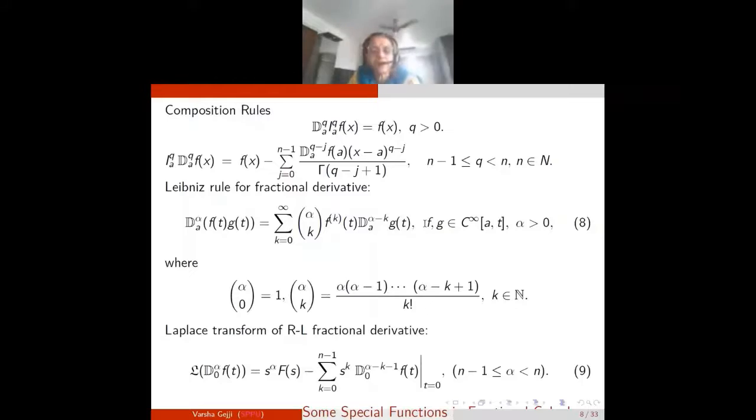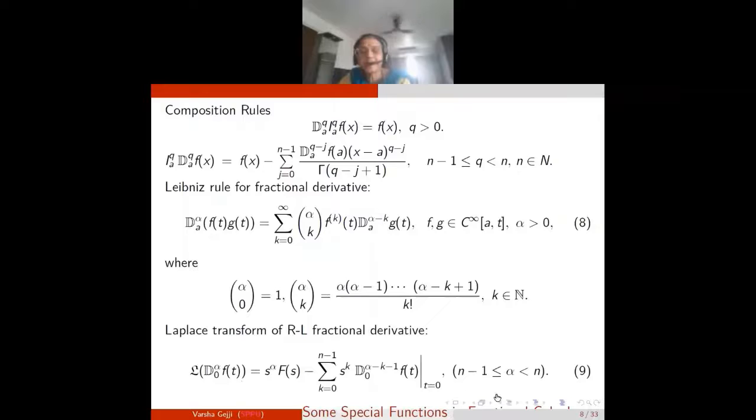But now you see the researchers are finding applicability of this. Very powerful applications are upcoming. So these derivatives are popular. Now, Laplace transform one can take because it is a convolution and it is given.